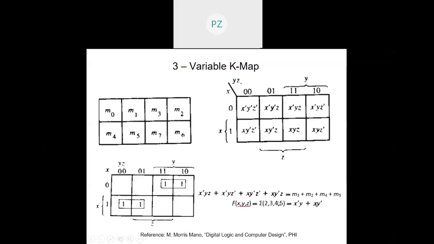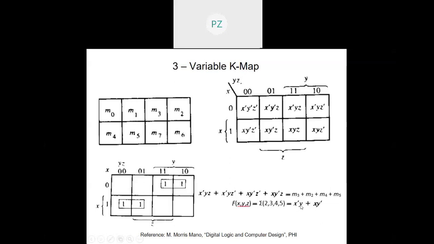The other variable in the product term will be y, and z will get eliminated. Why? Because this is 1 as well, right? So this is x'y, because y is 1 whereas z is varying, so that gets eliminated, right? So I'll get my first product term.